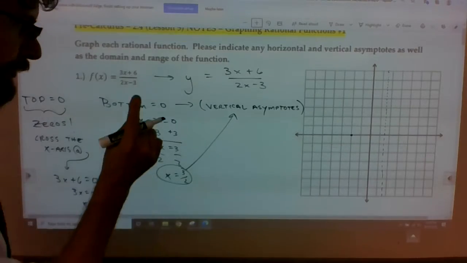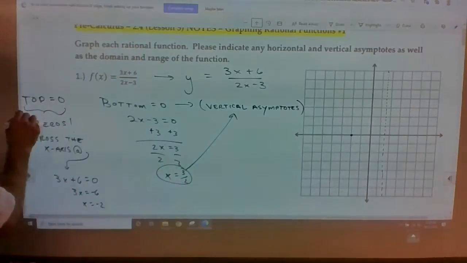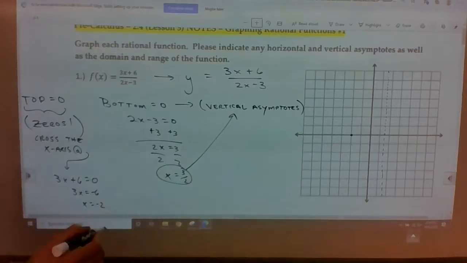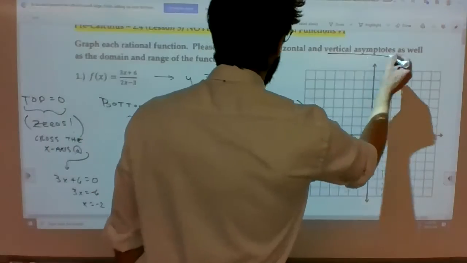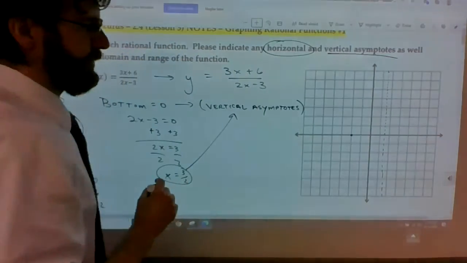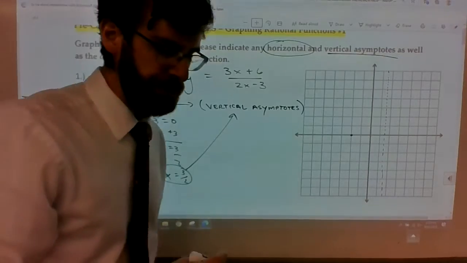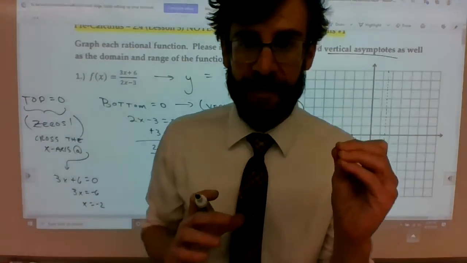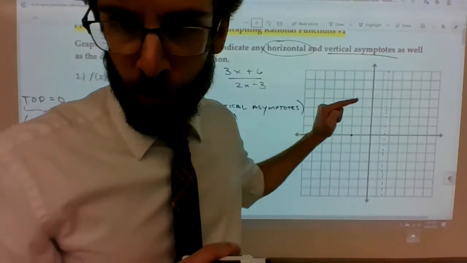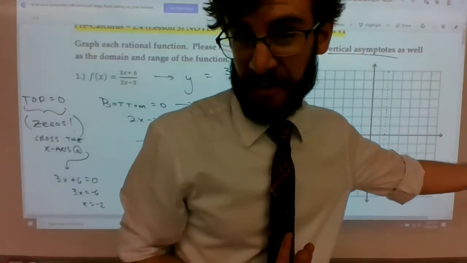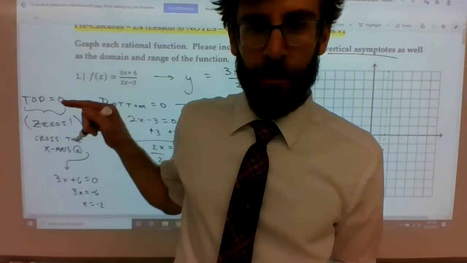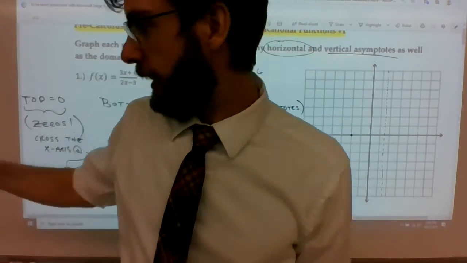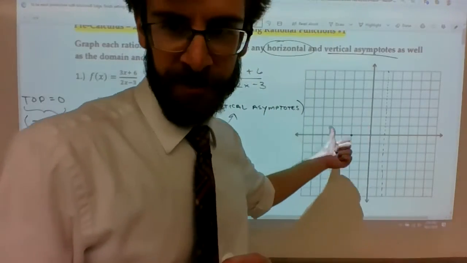Now, we've got our vertical asymptotes. We've got our zeros. What about horizontal asymptotes? Well, this is interesting. This is like saying, where does this function live when you go all the way out to basically positive infinity and all the way out to negative infinity?